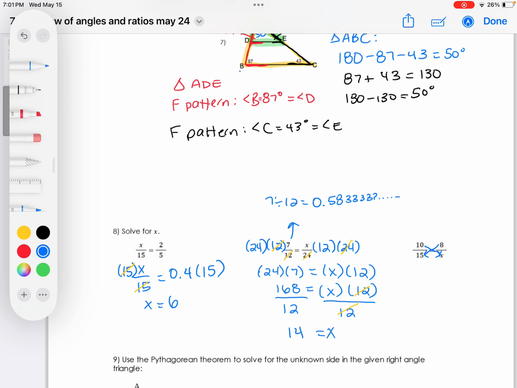So that's what I'm going to multiply first. If I do the cross multiplication, it's 10 times x. So I'm going to write that down. And then on the other side, the multiplication is 15 times 8.